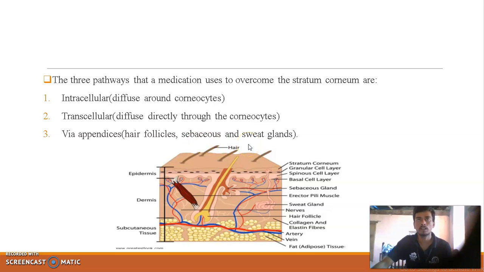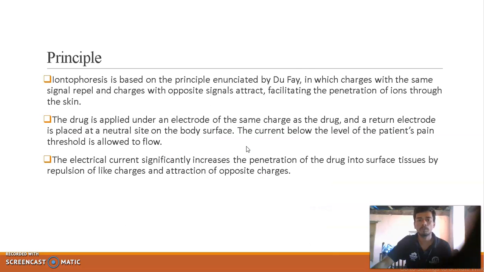These are the main layers which will help in drug delivery from the iontophoresis technique.